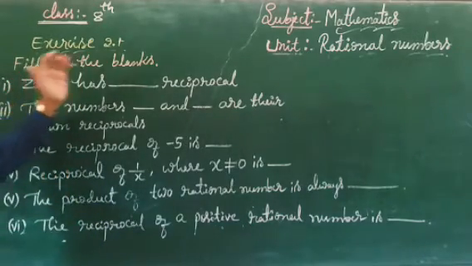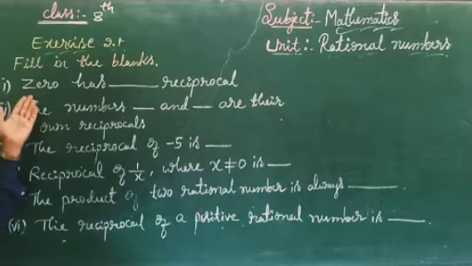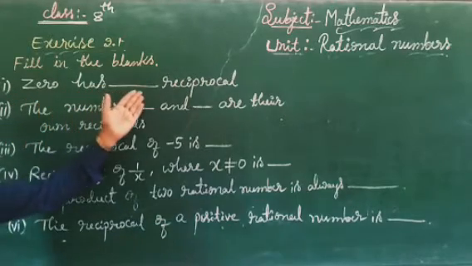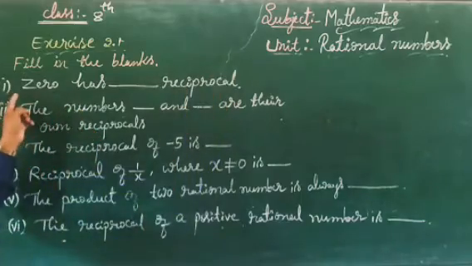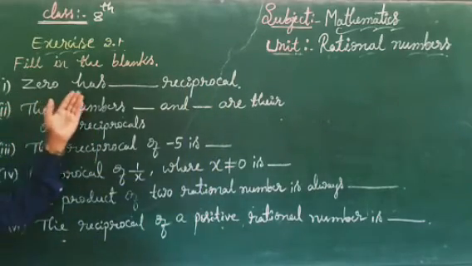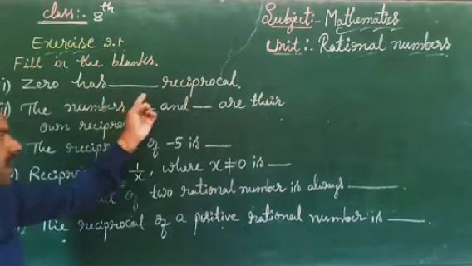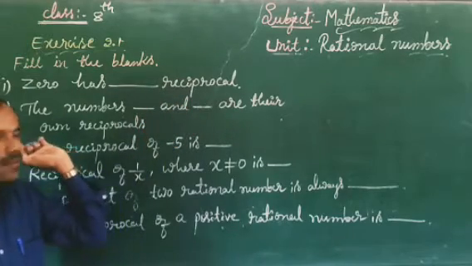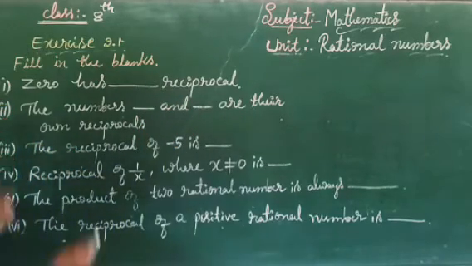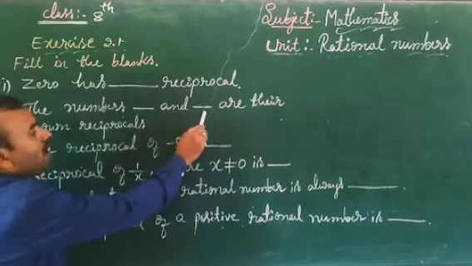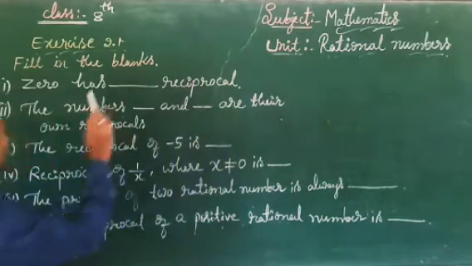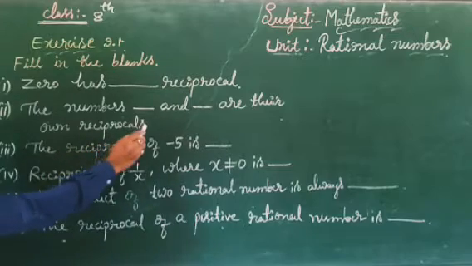Fill in the blanks. First one, 0 has dash reciprocal. Second one, the numbers dash and dash are their own reciprocals.